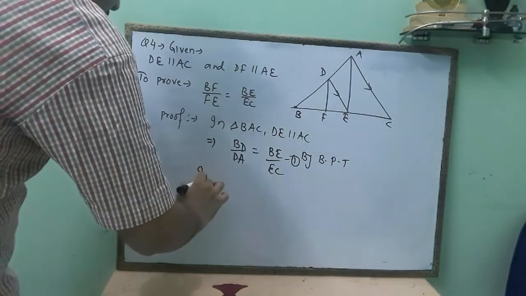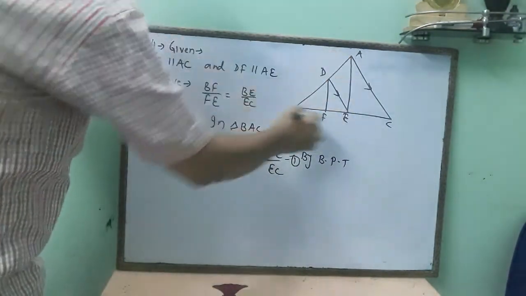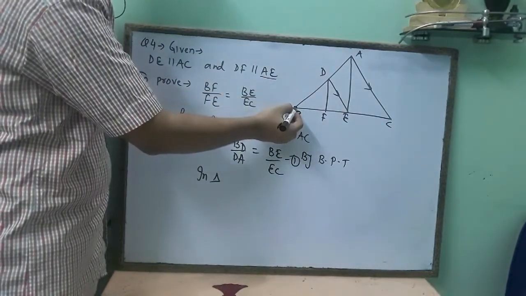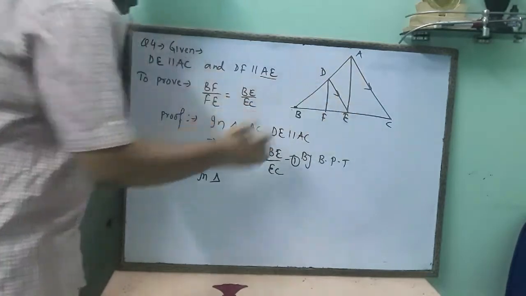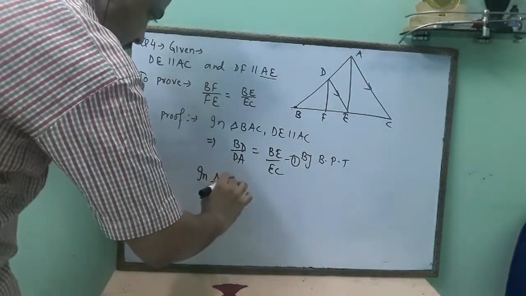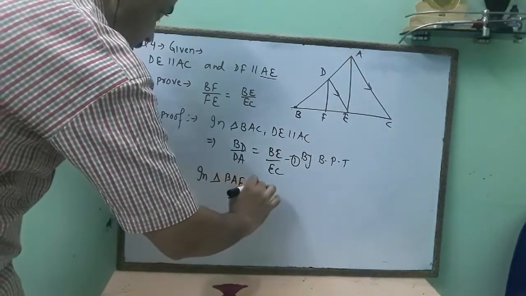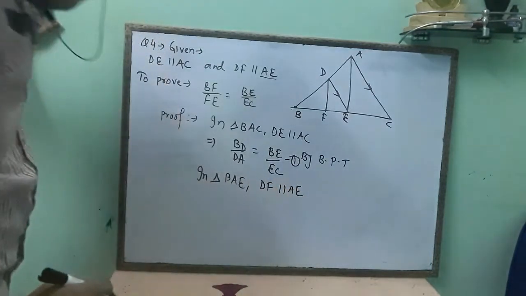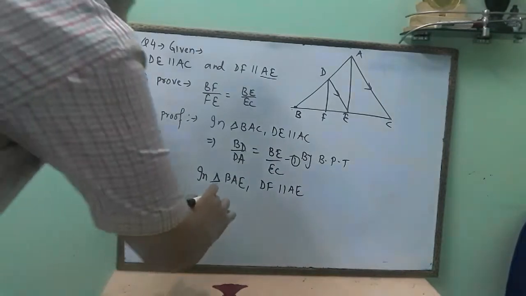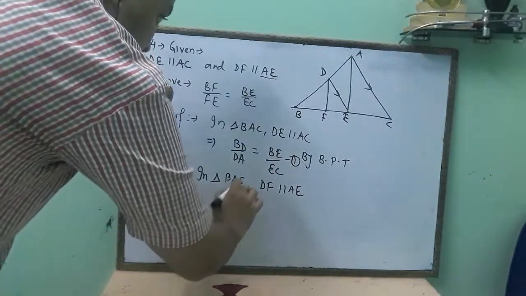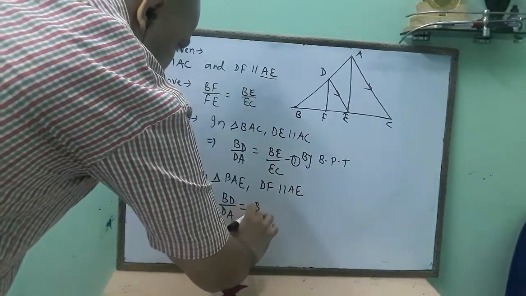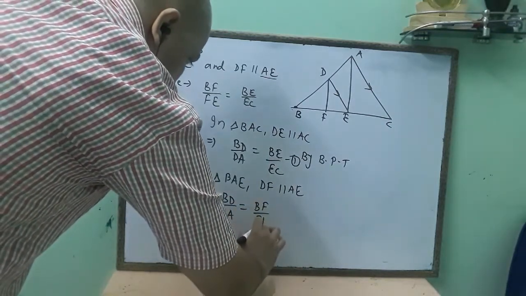Again in triangle BAE, because AE is the third side, we have to start from here. In triangle BAE, since DF is parallel to AE, we can say that BD divided by DA is equal to BF divided by FE.